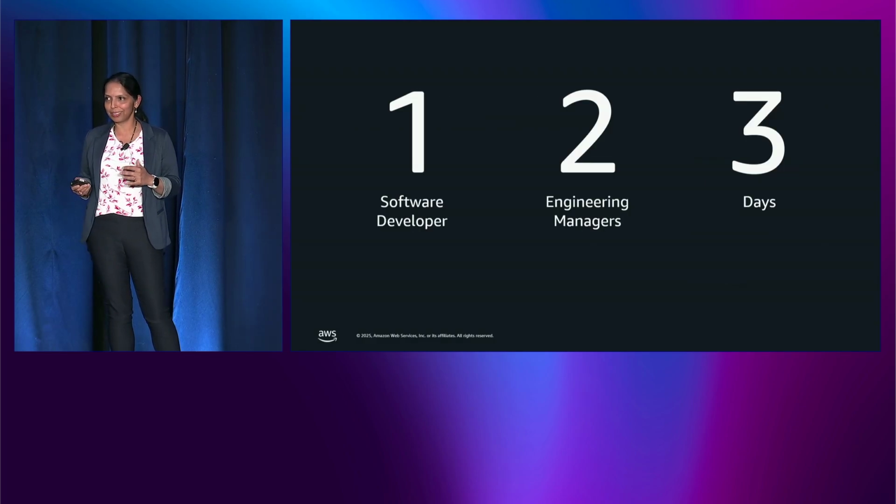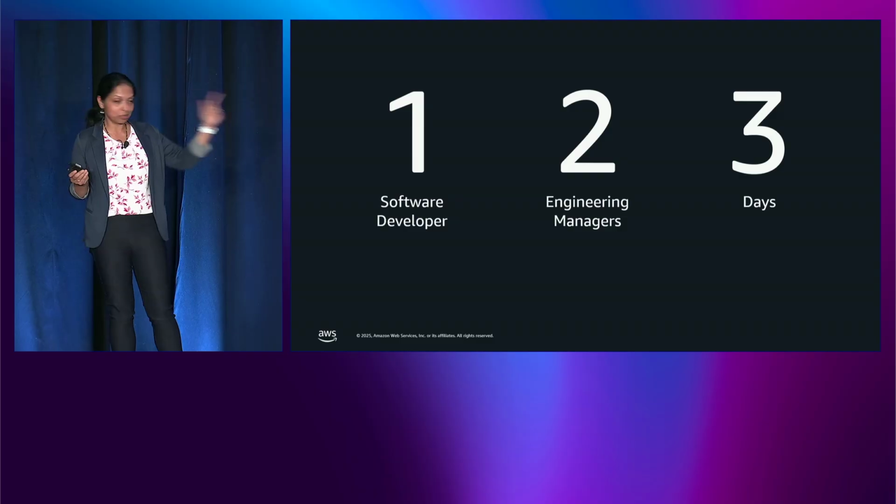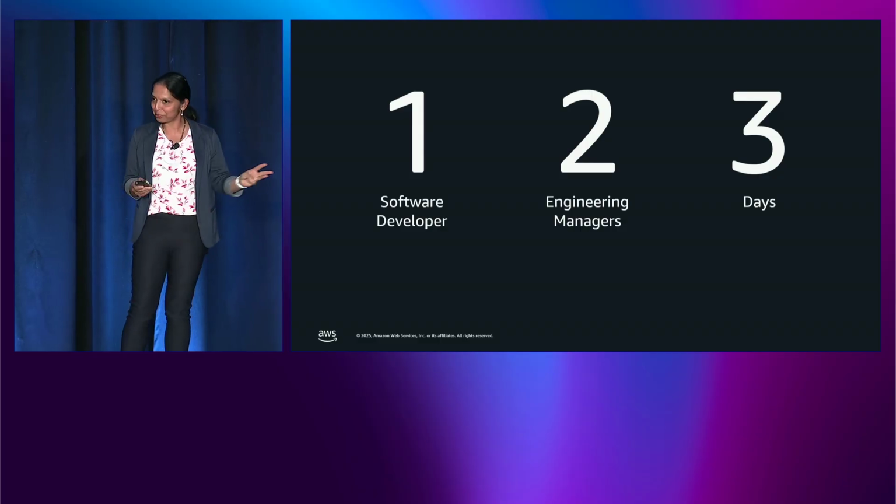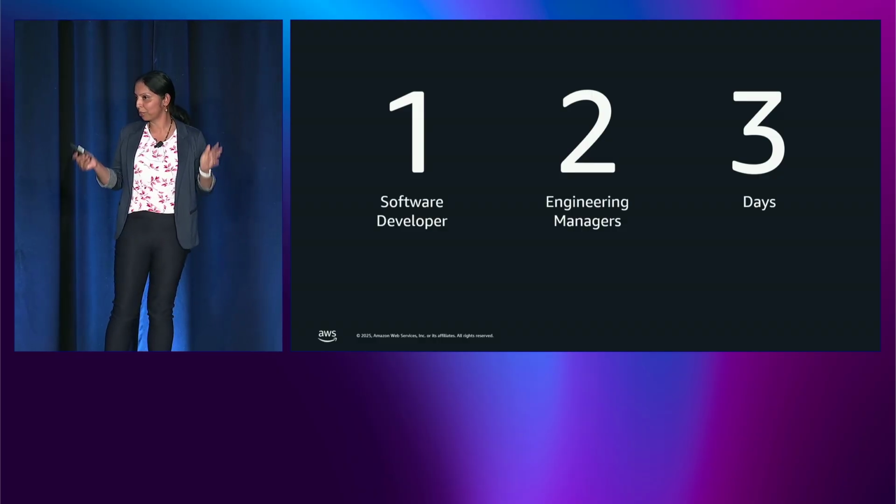Now, what did it take us to get this solution with Agent Core code interpreter in production? It took us one software developer, 2 engineering managers, and 3 days to get this from POC to something that can be production ready. And that is huge.